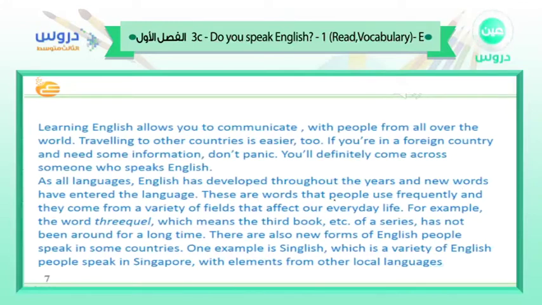These are words that people use frequently, and they come from a variety of fields that affect our everyday life. For example, the word threequel, which means the third book, etc., of a series, has not been around for a long time. There are also new forms of English people speak in some countries. One example is Singlish, which is a variety of English people speak in Singapore, with elements from other local languages.